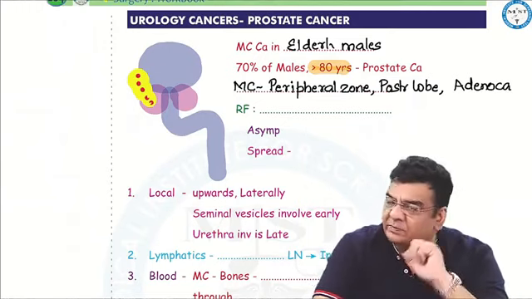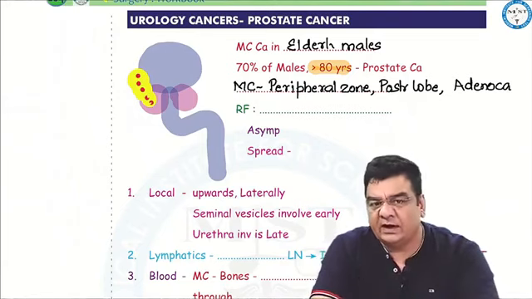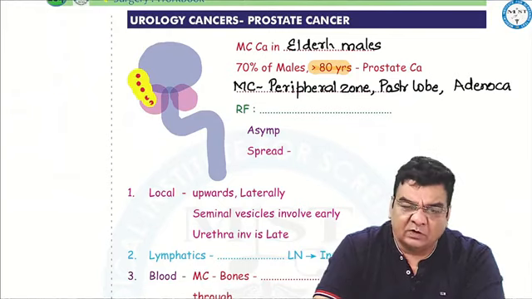Benign prostatic hyperplasia arises from the transition zone, causes enlargement of median and lateral lobes. Prostate cancer arises from the peripheral zone, causes enlargement of the posterior lobe.